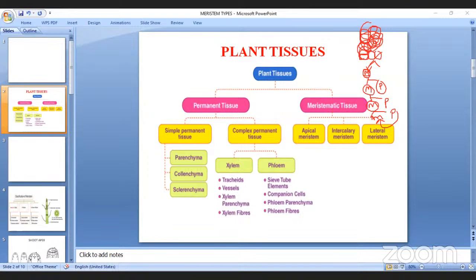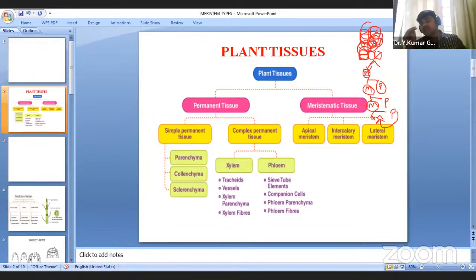Permanent tissue, because with every division a permanent cell accumulates, while the meristematic cell keeps dividing. That's why the permanent tissue number increases gradually. Is it clear, the formation of meristematic and permanent tissue?